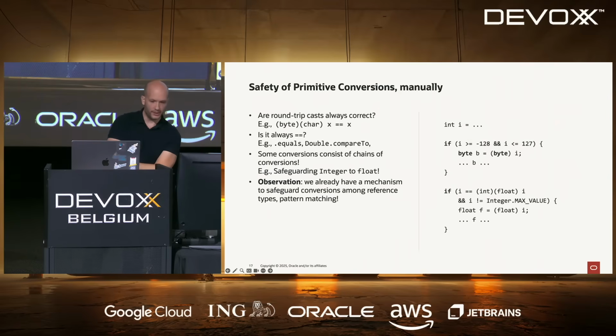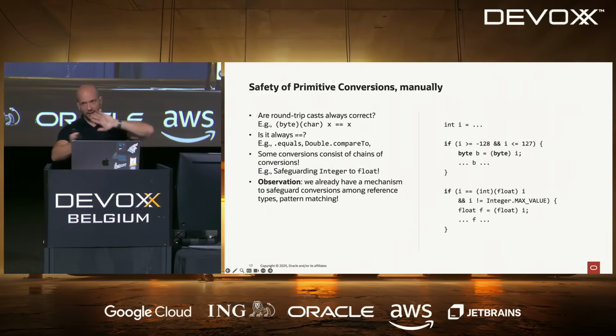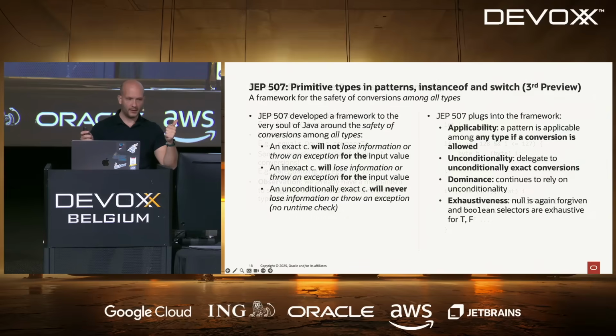So observation: if we now pattern match over what we saw before from the translation, to what I'm showing here, we already have a mechanism to safeguard conversions among reference types. Pattern matching.